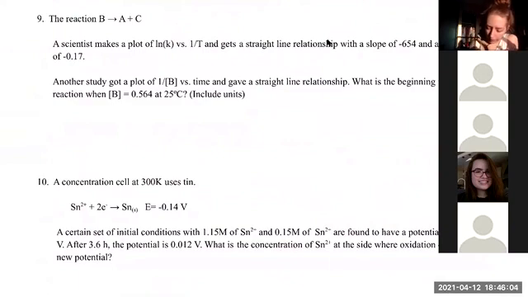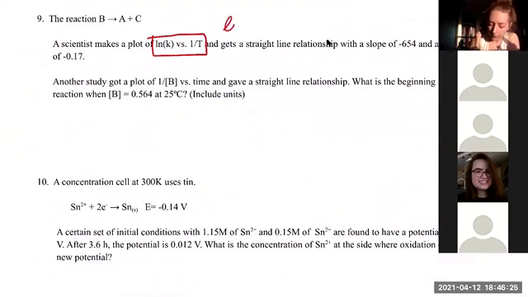For number 9, we have this plot here. So this is not an integrated rate law. This is actually a reassembly of the Arrhenius equation. And it's really important we recognize this also has a y equals mx plus b relationship.